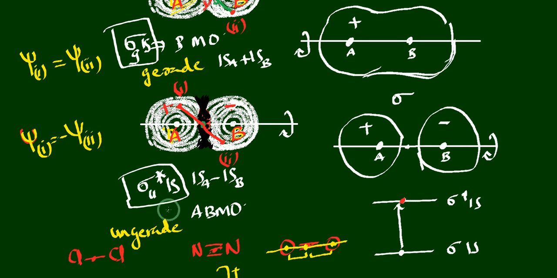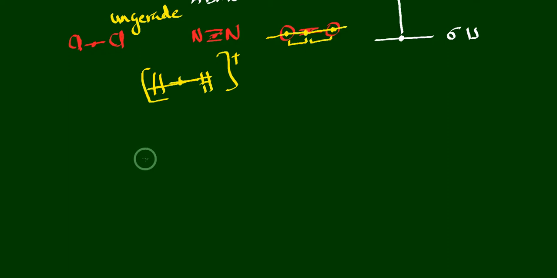We have two molecular orbitals, sigma g 1s and sigma u star 1s. These notations came from their symmetry aspects. So now you understand what is meant by the sigma g 1s molecular orbital and the sigma u star 1s molecular orbital.